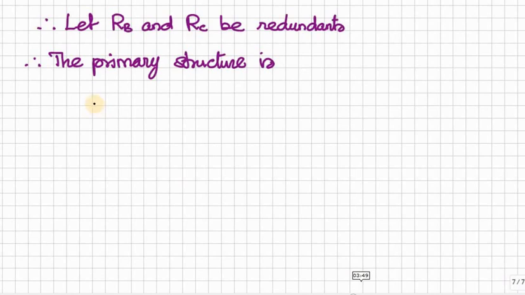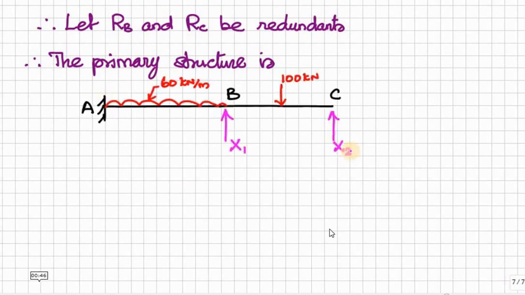So the primary structure is a cantilever structure. Now the reactions RB and RC are acting as external loads, external reactions. That is now shown in pink color.